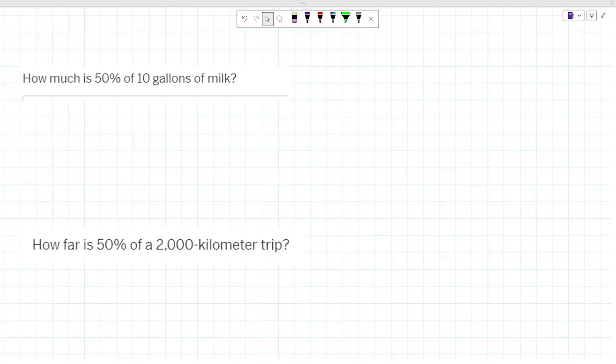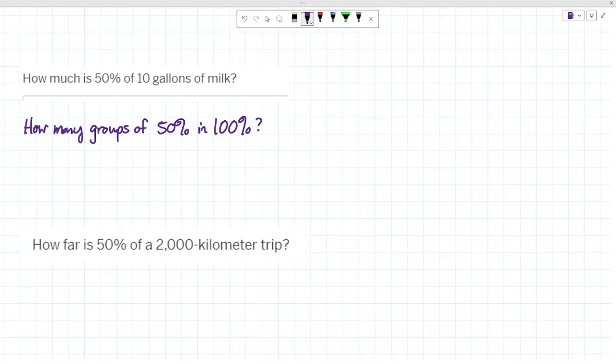So first, let's think about the relationship between 50% and 100%. How many groups of 50% are in 100%?